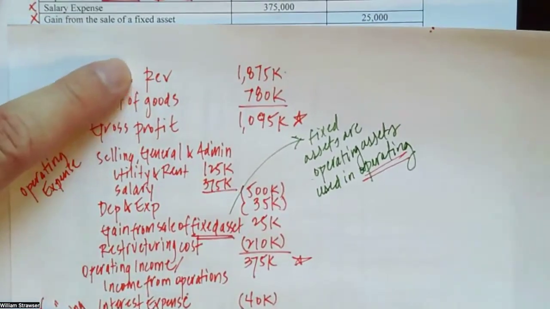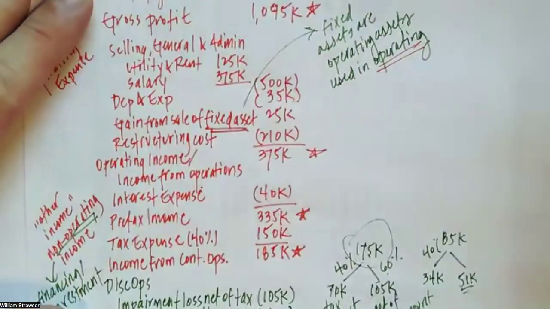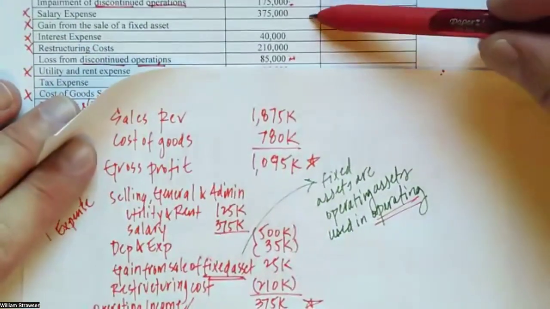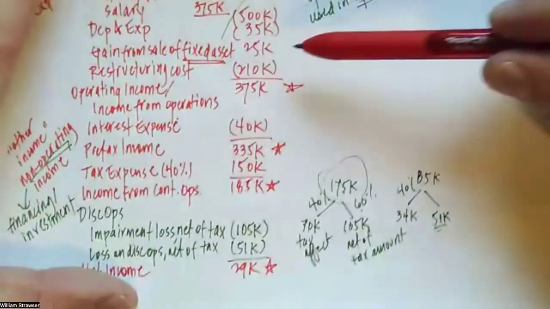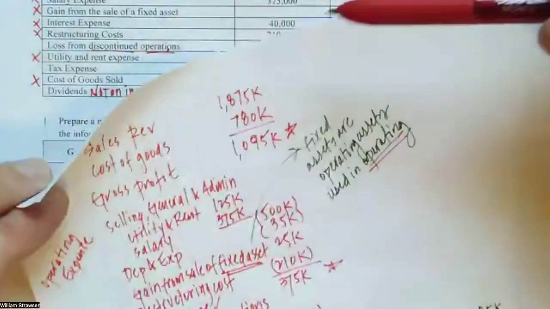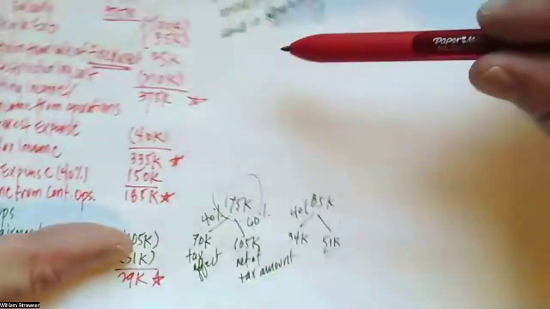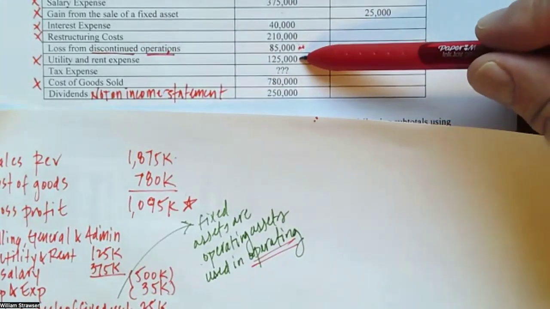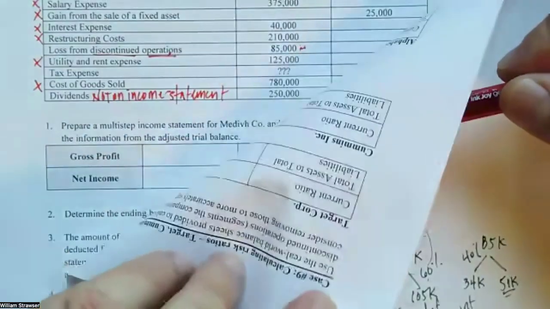And then keep checking through these. 375. Salary expense was there. The gain on the sale of the fixed asset, 25, positive. 40, interest expense. Restructuring, 210. Got that. Utility and rent was 125.